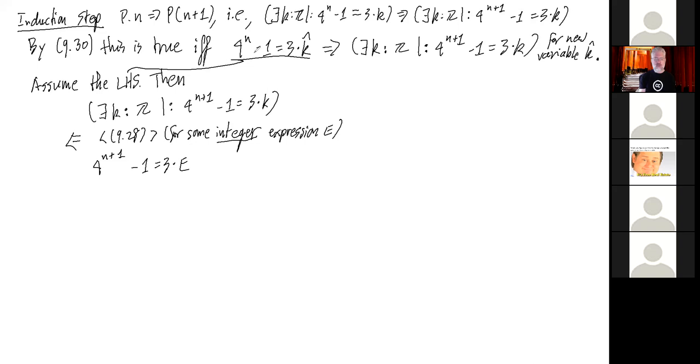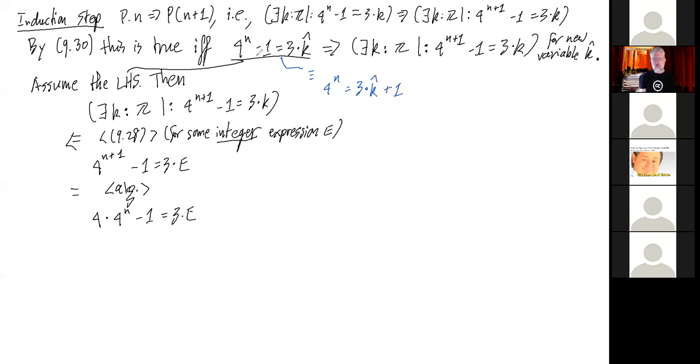And the trick here is actually to notice that we can make this match this. So we can do a little algebra, and we can rewrite this as 4 times 4 to the n minus 1 equals 3 times e. And now, I'm doing a little math off to the side here, 4 to the n is equivalent to 4 to the n equals 3 times k hat plus 1.